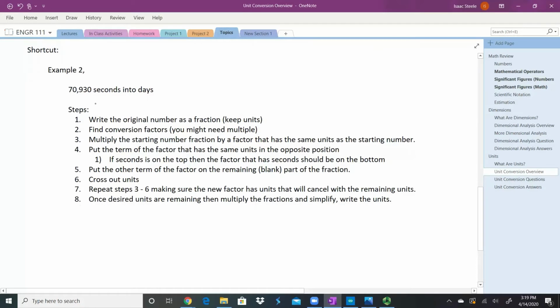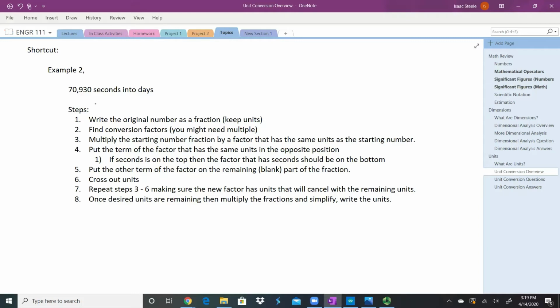So here's my example. I want to turn 70,930 seconds into days. First step: the original number is a fraction, keeping units. Number 2, find a conversion factor, and you might need multiple conversion factors. You're going to multiply the starting number fraction by one of those conversion factors you found, that has the same units that your original number has.